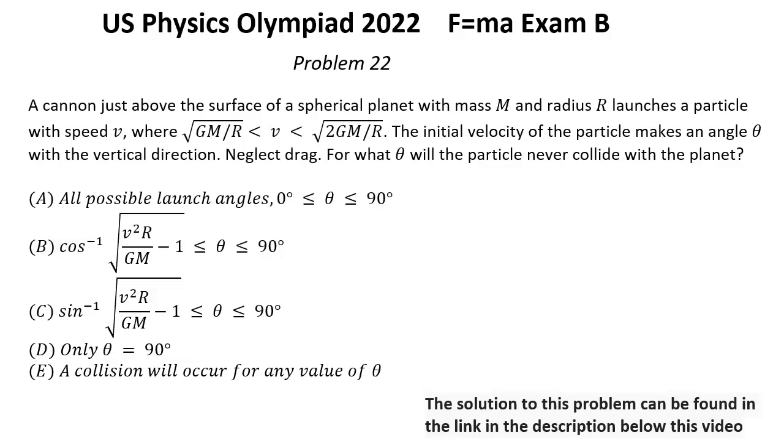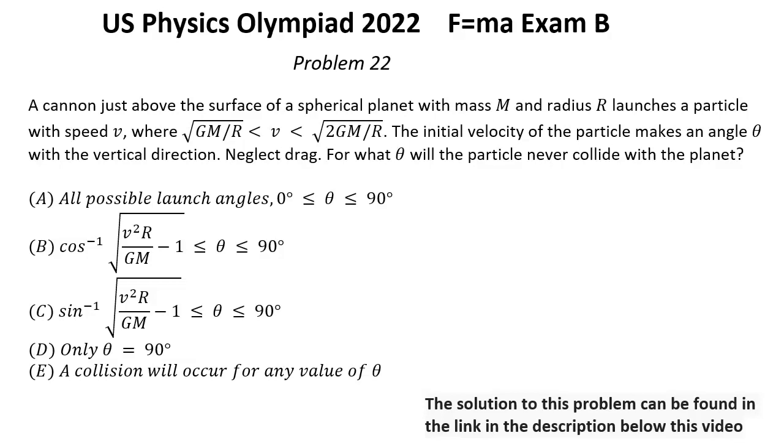The launch speed is above the circular orbit speed and less than escape velocity. So in any case, the orbit will be elliptical, and if the angle is exactly 90 degrees, the launch point is the closest point of the elliptical orbit.